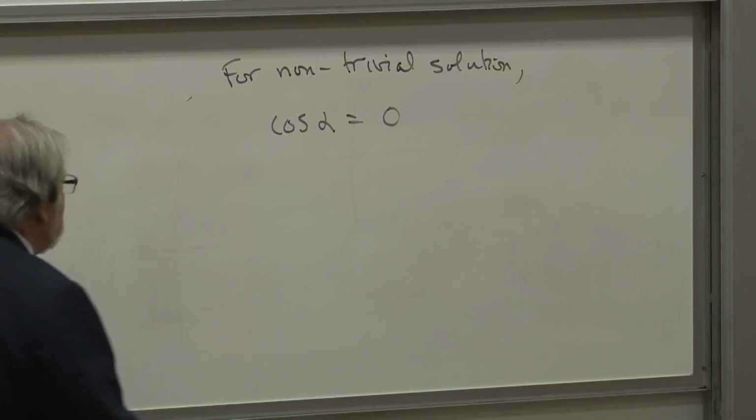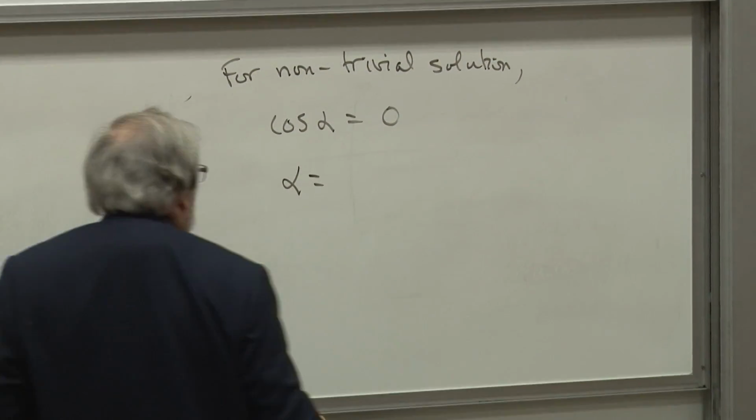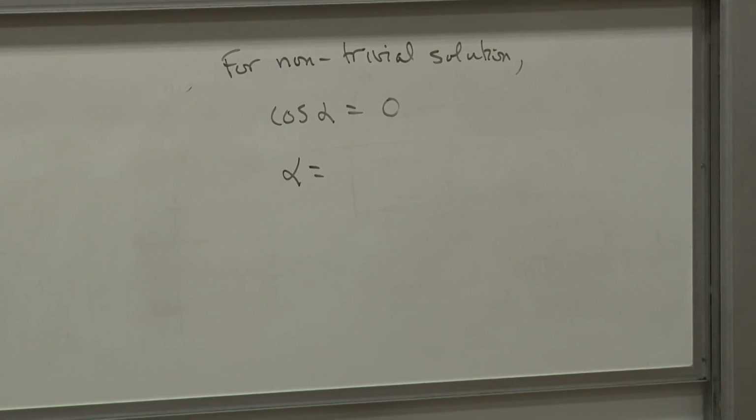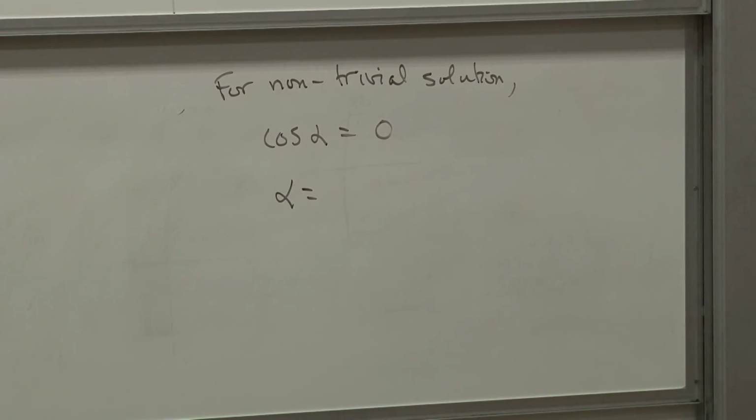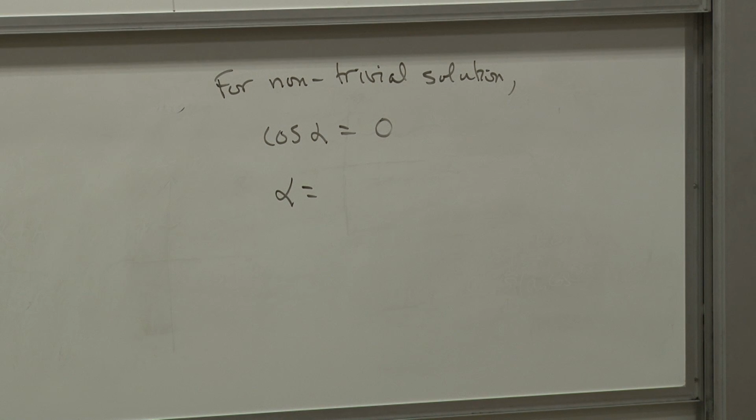And so alpha must be one of the quantities which gives the cosine 0, and these zeros of the cosine occur at odd multiples of pi over 2.